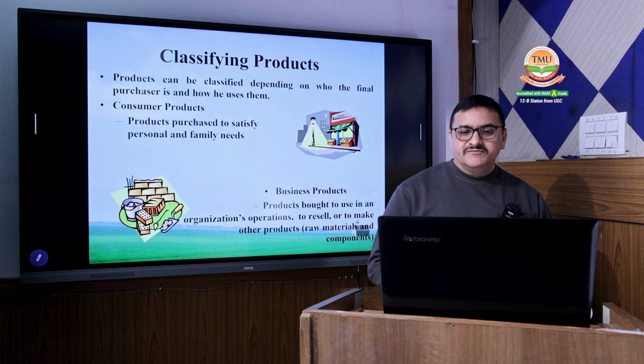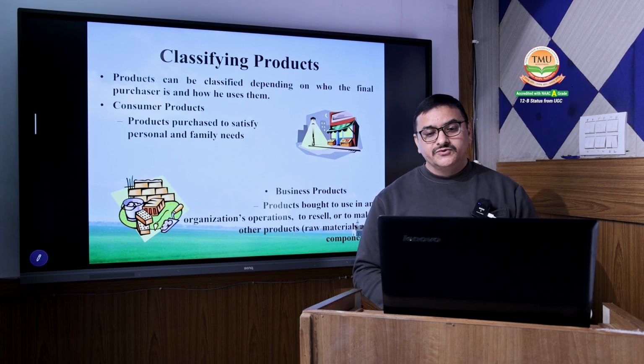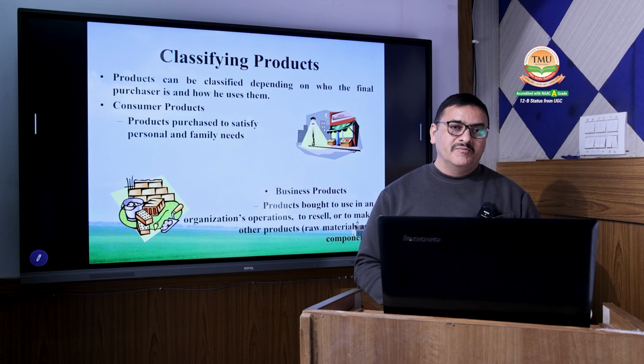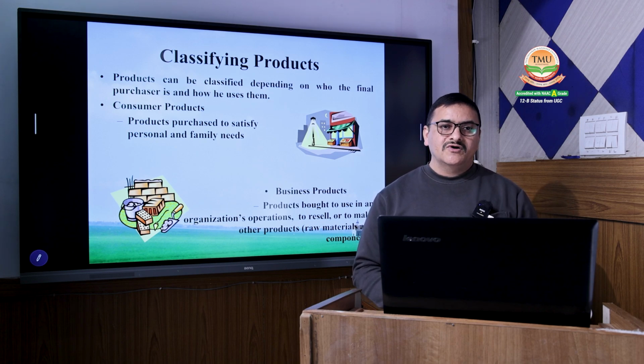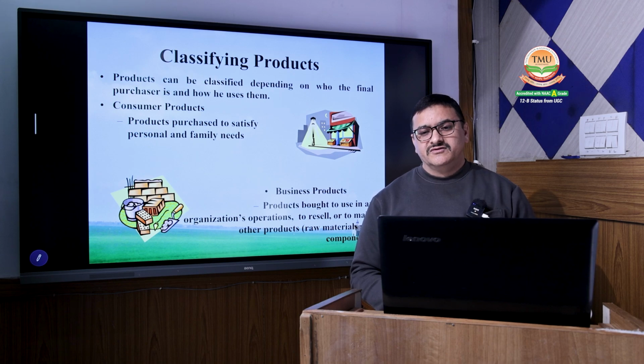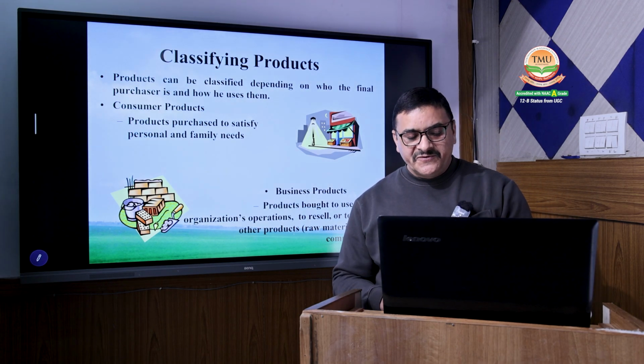Number two is business products, which means products which are bought to use in an organization's operations, to resell, or to make other products, which means the raw materials, various components, semi-finished goods, or the inventories which are used for making final goods or transforming into the final goods.